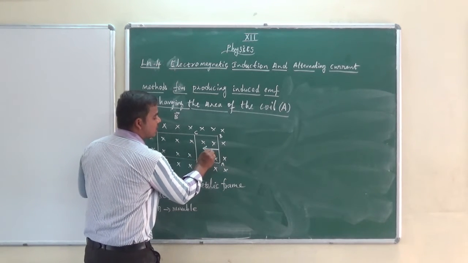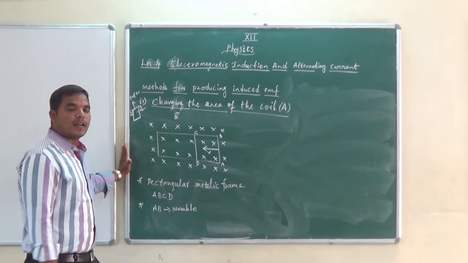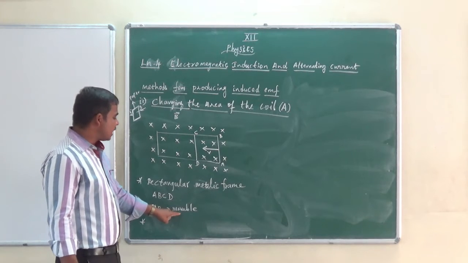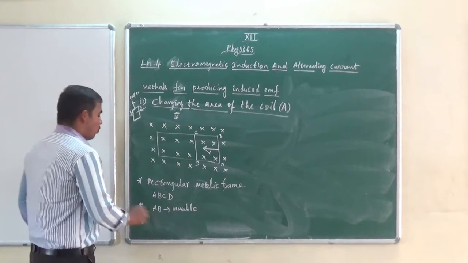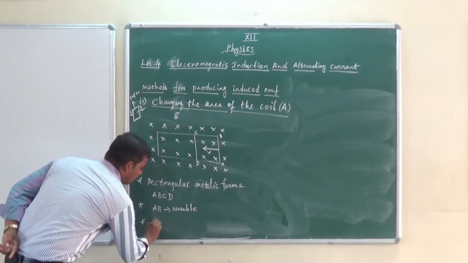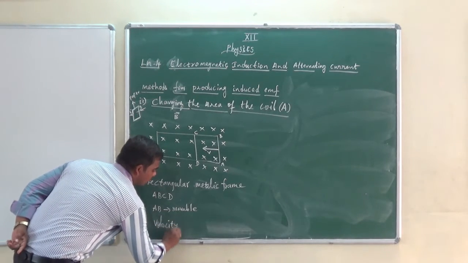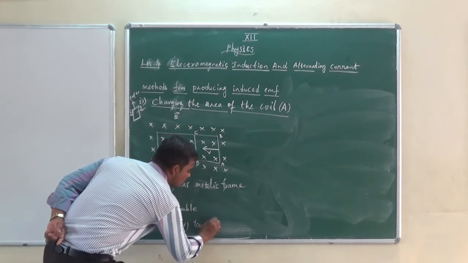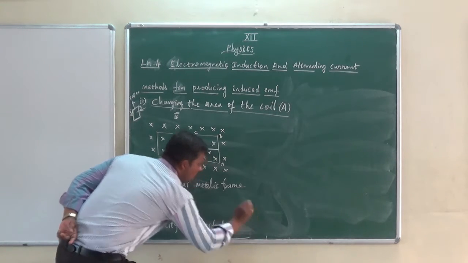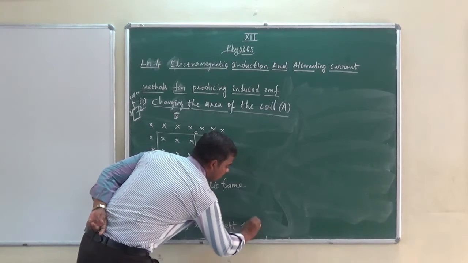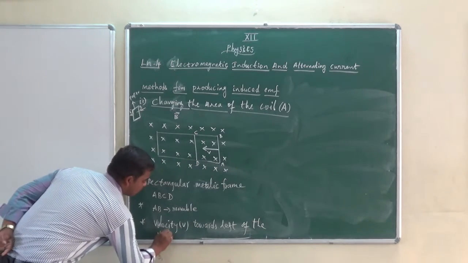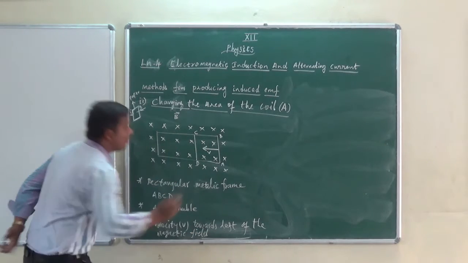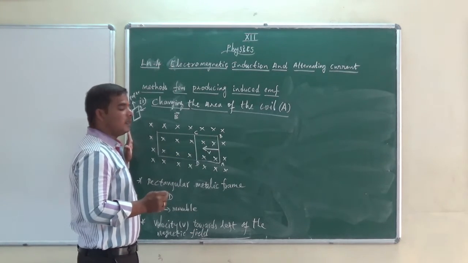That velocity is represented by the symbol V. So this side of the rectangular frame is movable and moves with a certain velocity towards the left of the magnetic field.